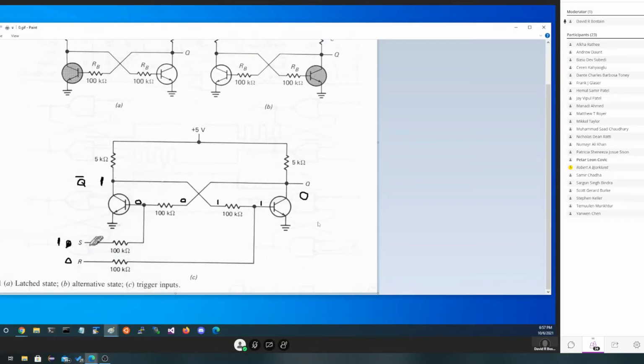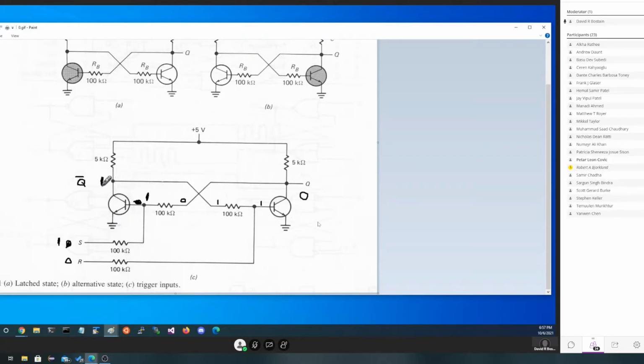If we make that a 1, now current can flow that way through this, and the value here is going to be a 1. Now remember, these are not all 5 volts exactly, but by keeping them 1s and 0s, we don't have to do that incremental math. If this is a 1, this transistor is on.